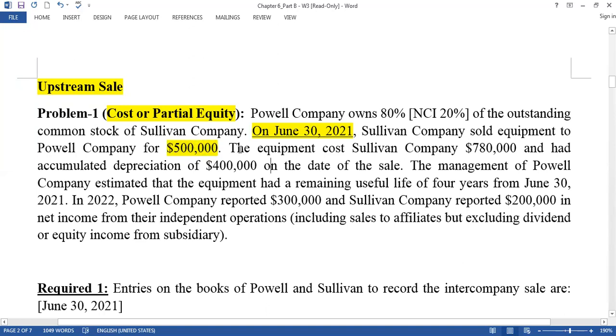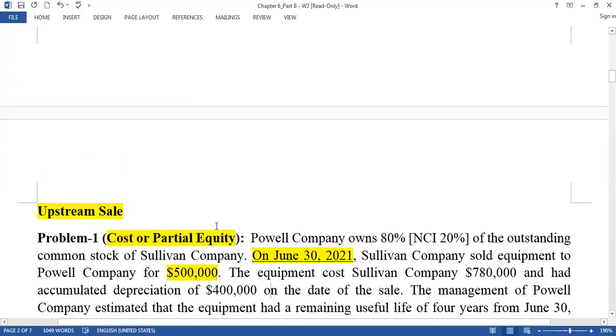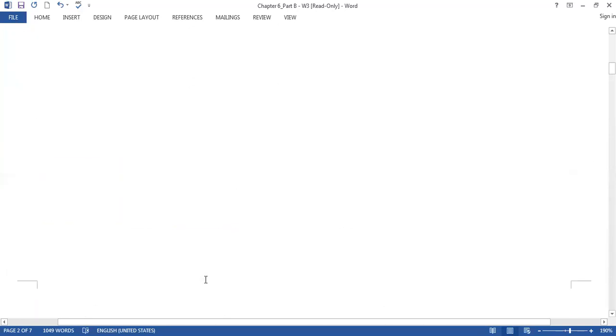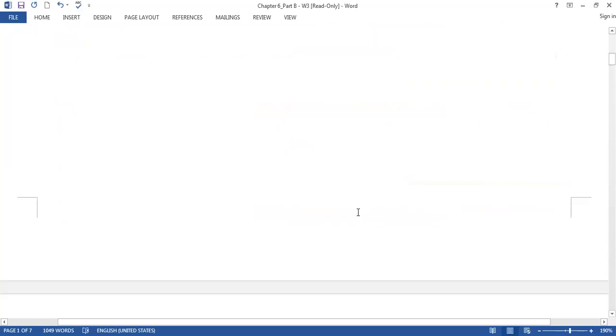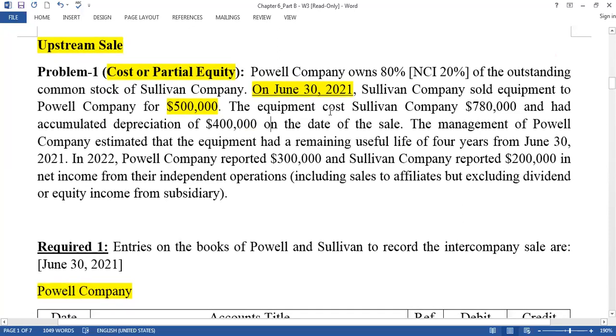Then you know that whatever the sales price is, doesn't matter. We have to return back the plant asset to its original shape, right? So you have to find out what is the original cost of this equipment. The question said that the equipment cost, subsidiary company, $780,000.